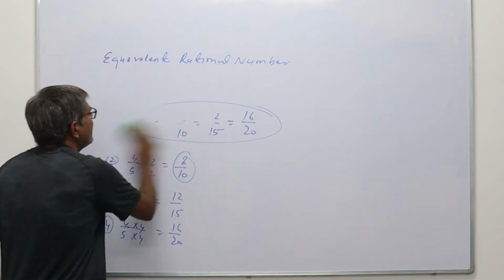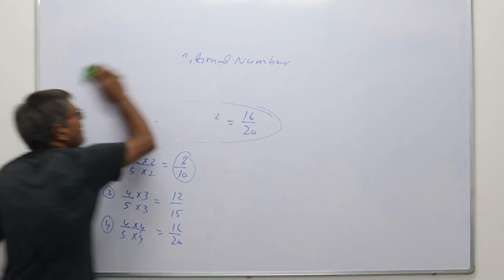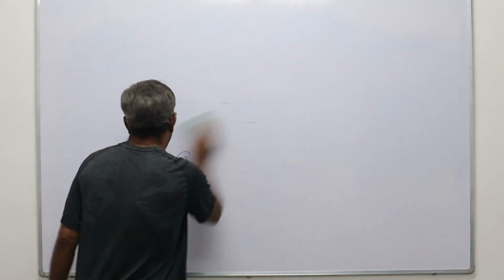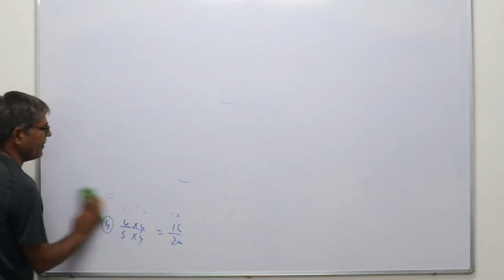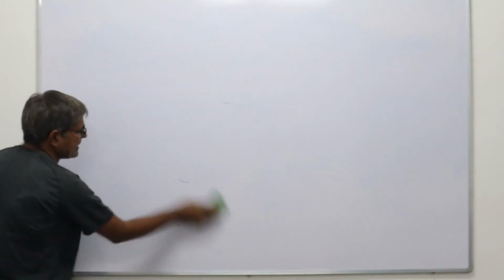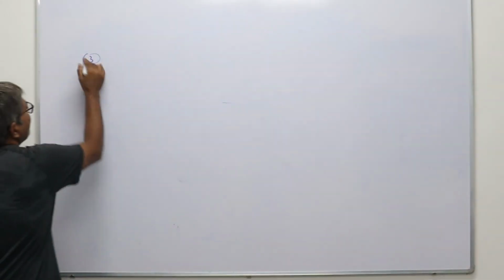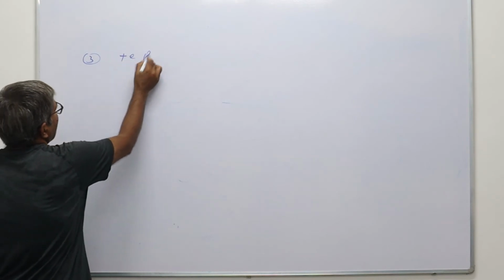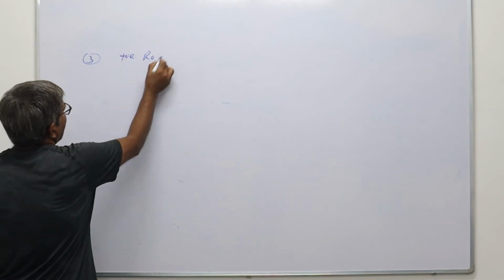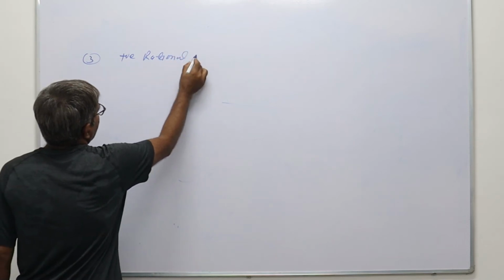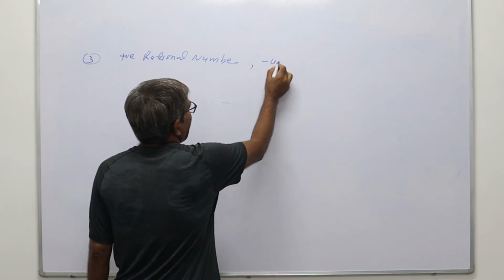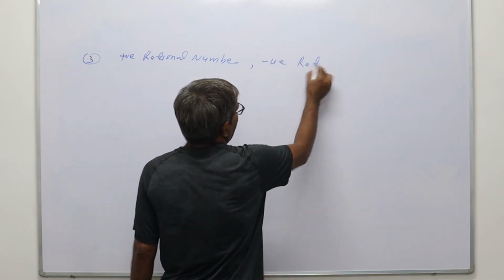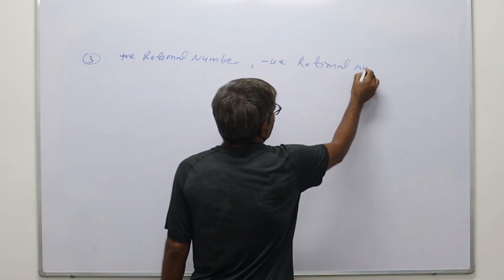Now next is positive rational number and negative rational number. So which rational number will be positive and which will be the negative rational number? So third one, positive rational number and negative rational number.